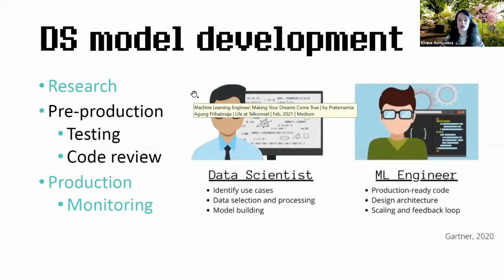As for the theme of my talk, making data science models is considered from several parts. The first one is research, and it will not be covered in this speech, and also the production theme, monitoring of your working models in production.